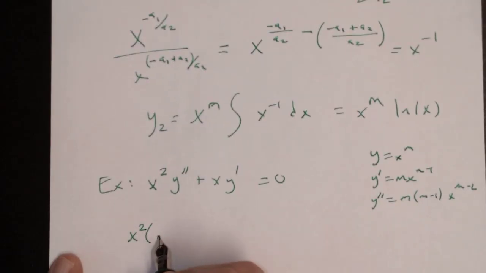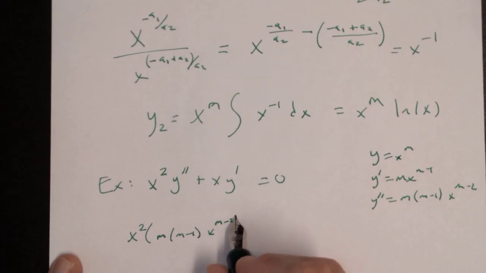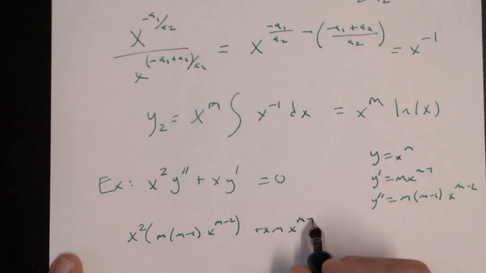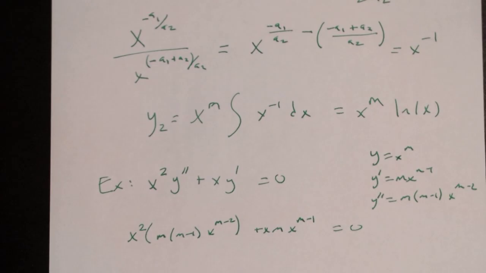x squared m(m minus 1) x to the m minus 2, plus x, m x to the m minus 1, plus 0 equals 0. And now I factor out all the x's because there's an x to the m everywhere.